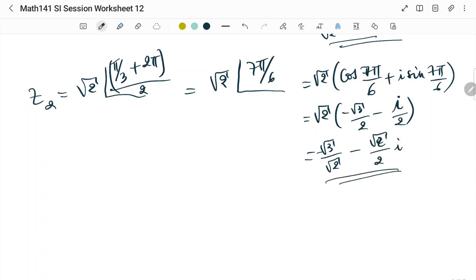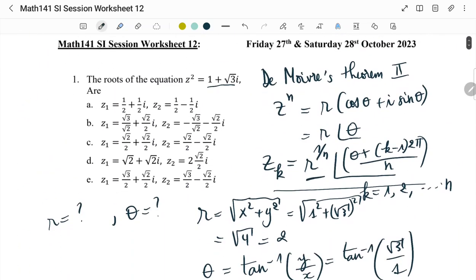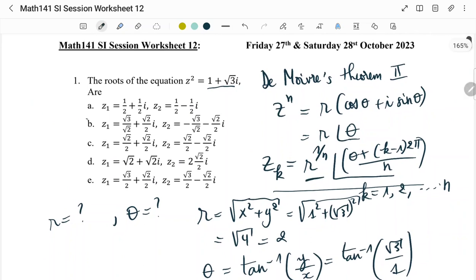So that's our z2, second root. And if you look at these two roots, that means that b is our answer in this case. Okay, so that is how you would find the two roots that we are asked to find here. You are free to pause the video at any point and just go through the question yourself and check if you get the same answer.